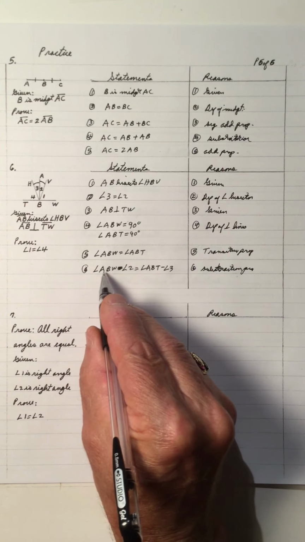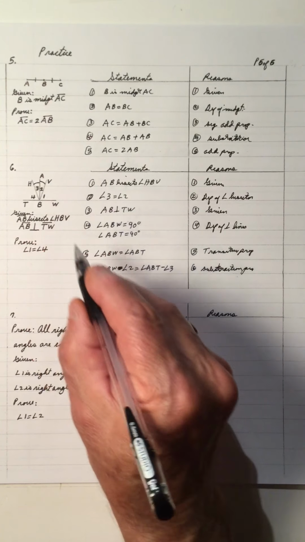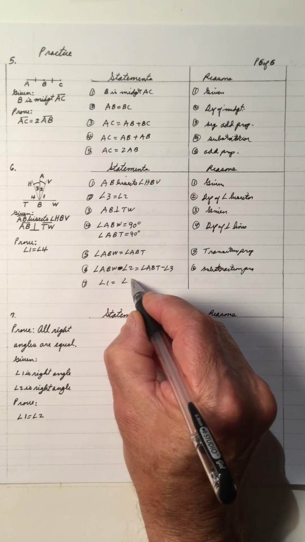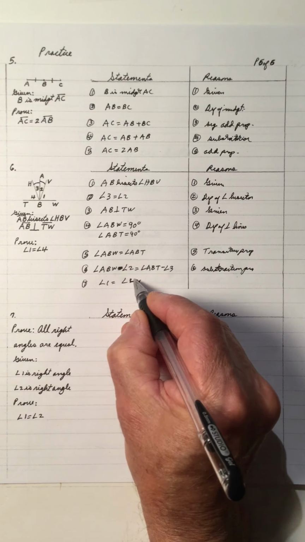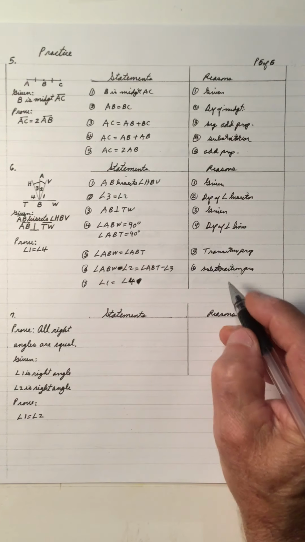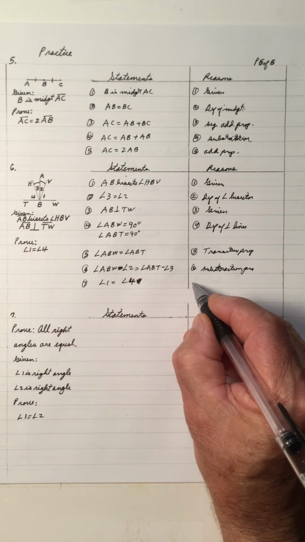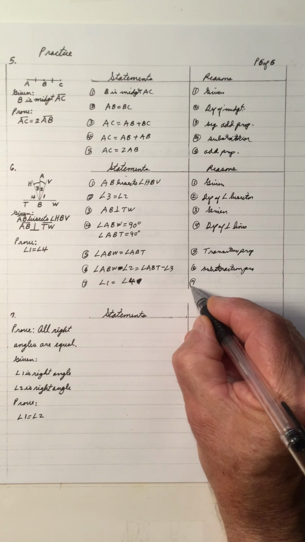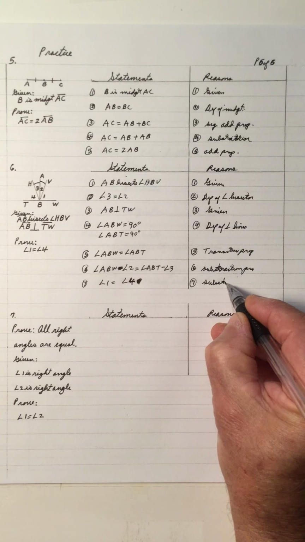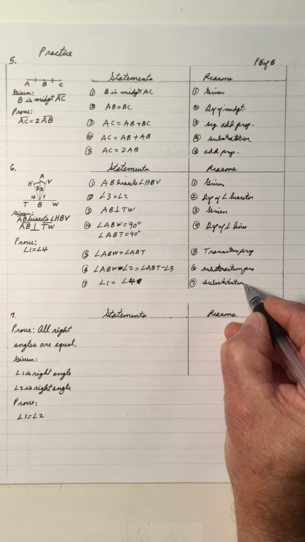And if I subtract ABW minus 2, that means I get angle 1 equals angle 4. Whoops, my mistake. There's a 4 there. Angle 1 equals angle 4 by substitution.